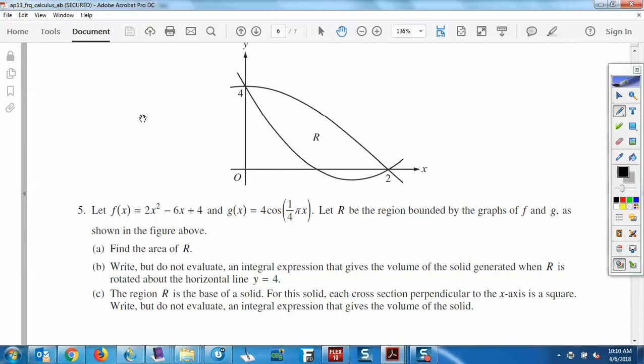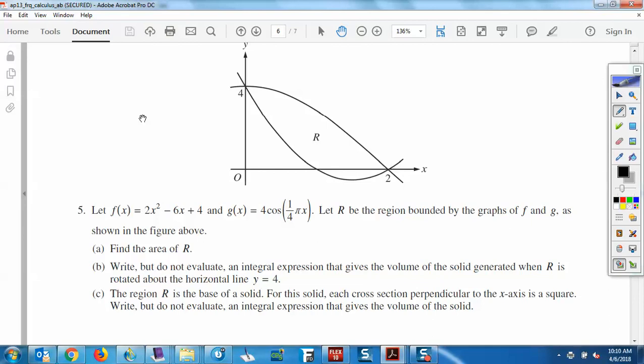Coming up off of your paper is the solid. Part B was taking this and revolving it around this line up here, y equals 4. So we're going to take this region, revolve it around, and create a solid. Now in C, we're going to let this be the flat base of the region, and coming up off of here is going to be what shapes?